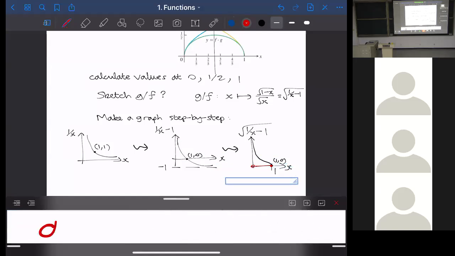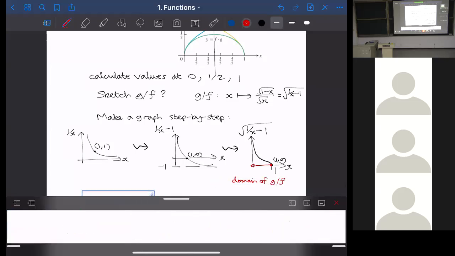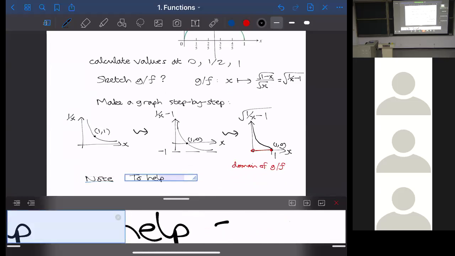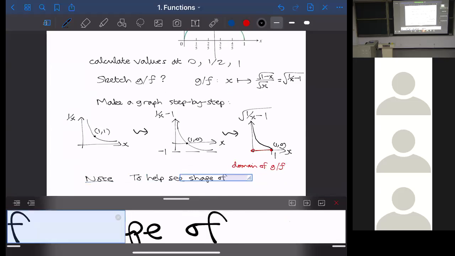So this is domain of G over F. Okay, so note a trick to help see shape of graph.